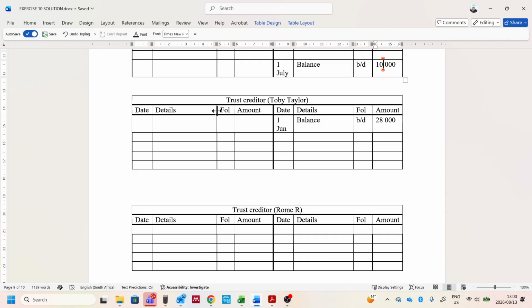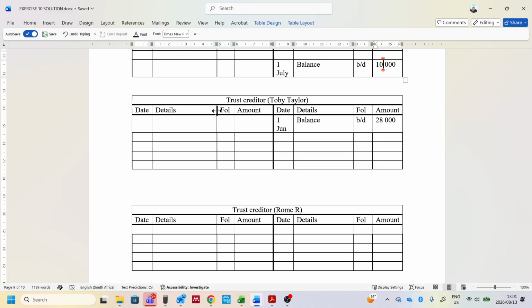So a trial balance is made up from your ledger accounts. So we're going to look at your ledger accounts. We take all the totals from your ledger accounts and we just list them. We list all the accounts and their balances on your trial balance. Your trial balance will have the debit side and will also have the credit side.